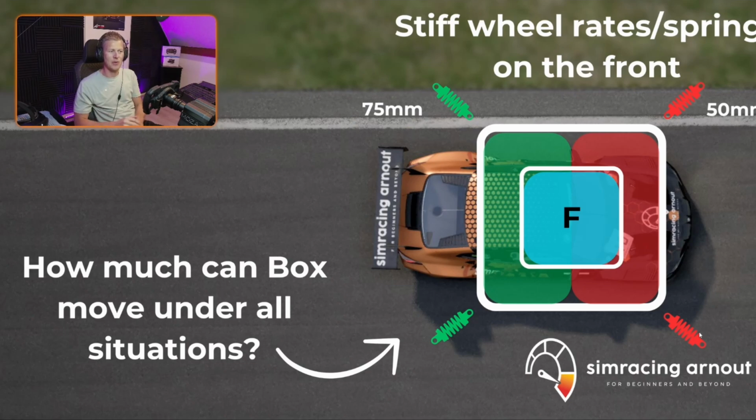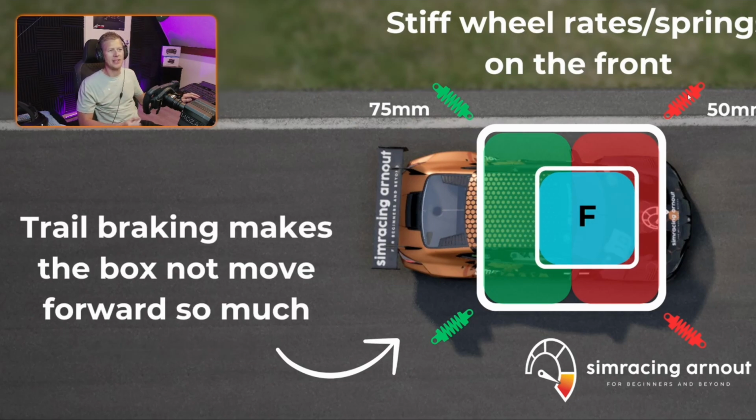Then when we go faster, the front springs will also start to compress when the rear springs are already on the bump stop ranges. So the higher wheel rates can change the dynamic rake under different speed situations. I hope it makes sense, but I will go through the slides, so stick with me.